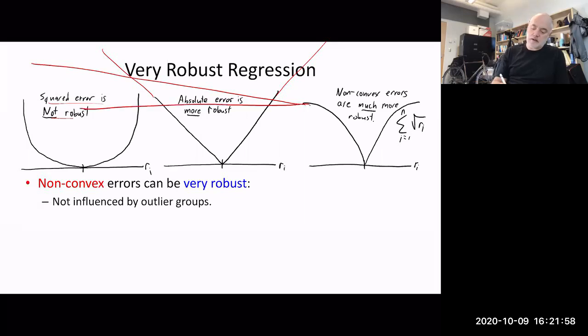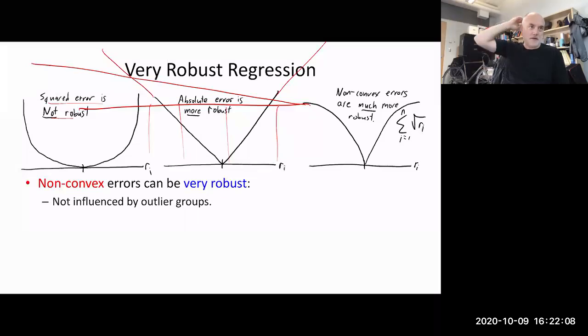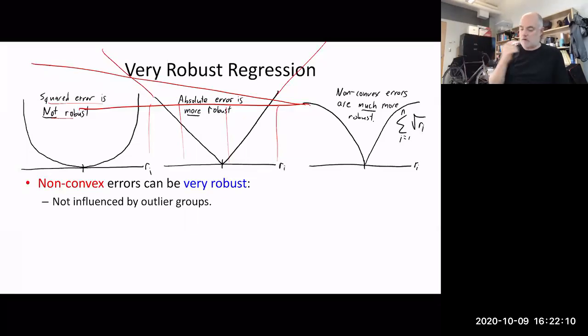You could even make error functions that say that you get a constant amount of error no matter how far you are away. It's just bad to be far away. Such non-convex errors are much more robust. They're non-convex because we can draw a line here, and these things are not above the function.